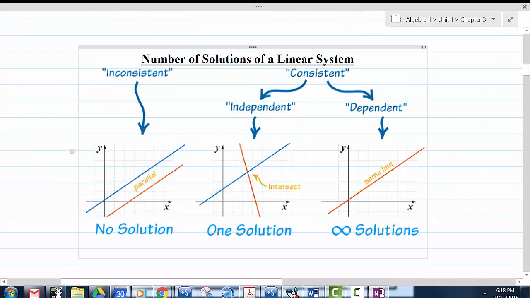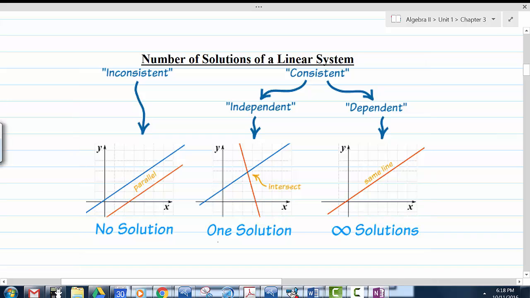Now, there are basically 3 cases that you can come up with when you're talking about the number of solutions of linear systems. The one that we just did, we ended up with 1 solution. In other words, 2 lines that intersect can only intersect once because they're lines. So we have 1 solution. This is actually called a consistent system.